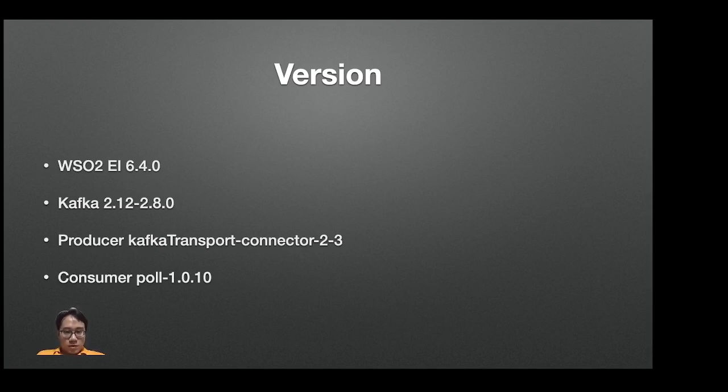Kafka transport connector 3 is the library in Enterprise Integrator, and another library for the consumer is the Pawn library with version 1.0.110. This is the latest library version, and I checked it already, and it worked for me.